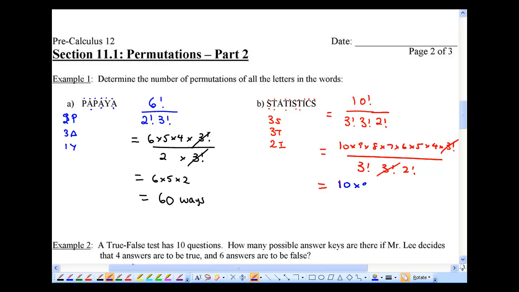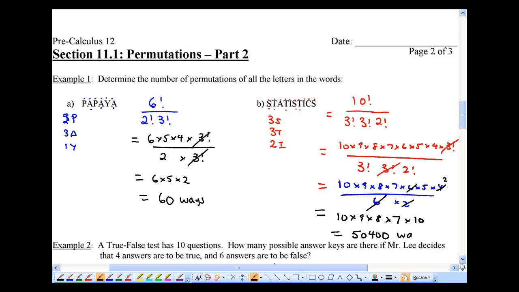So let's rewrite 3 factorial as 6, and the 2 factorial as 2. 6 is good, so those disappear, and that simplifies to 2. So that's 10 times 9 times 8 times 7 times 10. Do that in your calculator if you wish, but I think the number is 50,400. So lots of different ways.